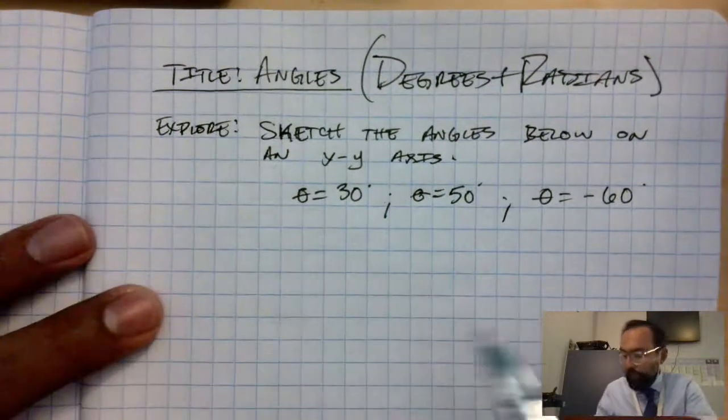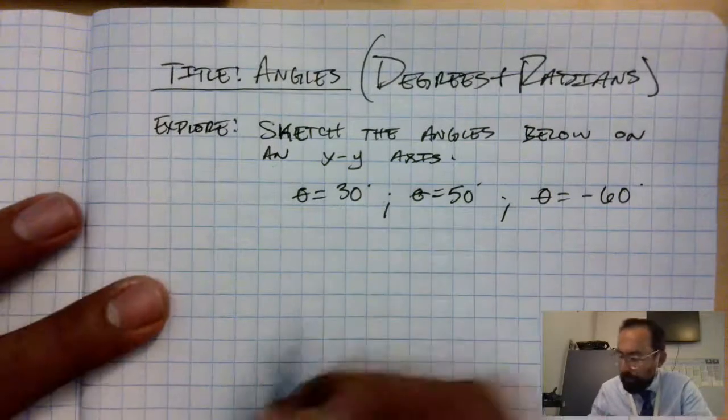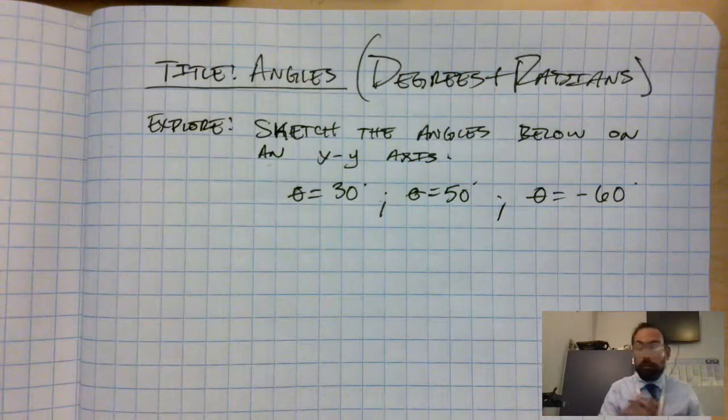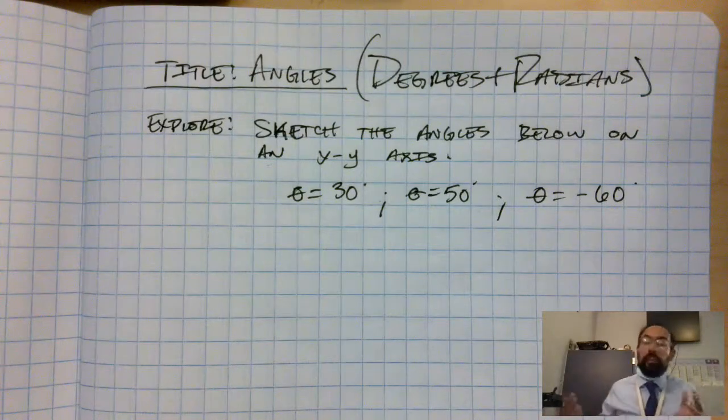Chances are you were a little confused as to where to start. You probably know what 30 degrees looks like, what 50 degrees looks like, maybe even what negative 60 degrees looks like, but maybe did not know where to start.